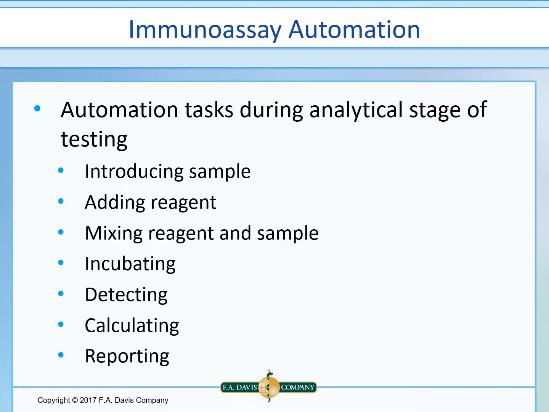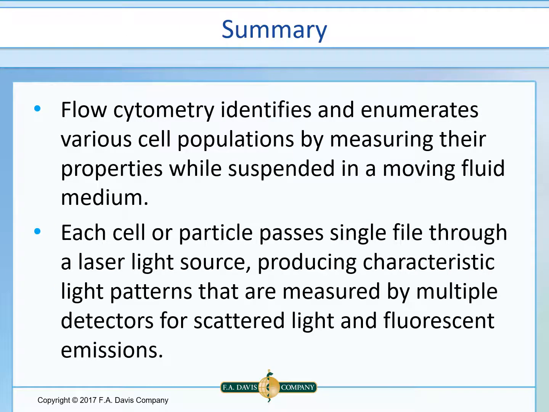All or some of these tasks may be automated on various immunoassay analyzers. So this concludes the chapter on flow cytometry and laboratory automation, but of note, the chapter also covers some concepts in laboratory instrument validation, which are concepts that we've seen and discussed in detail in general lab principles.